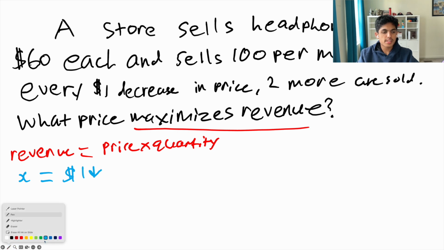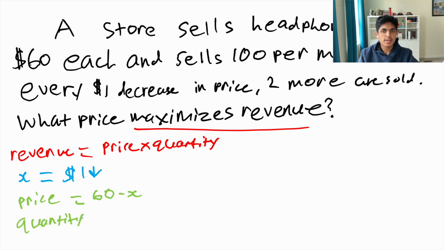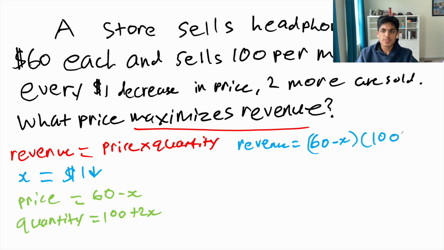And so what this does is it allows us to write the price as 60 minus x and the quantity as 100 plus 2x, because for every $1 decrease, there are two more headphones sold. Okay, so now we can write our revenue function as revenue is equal to 60 minus x times 100 plus 2x.